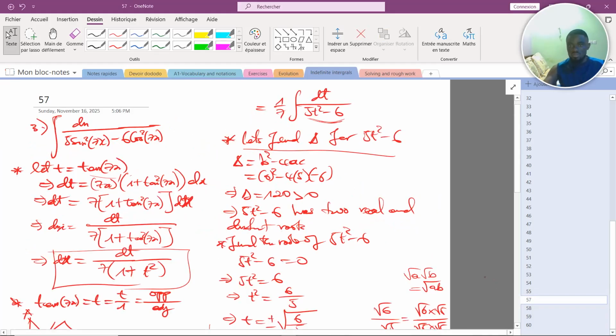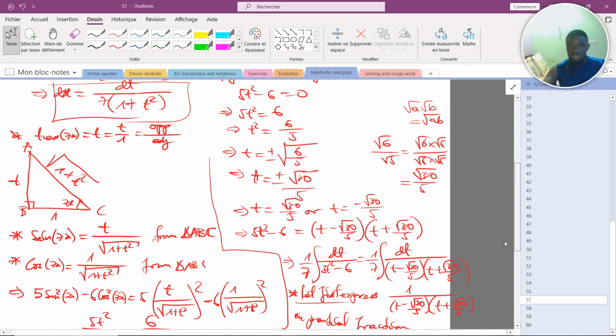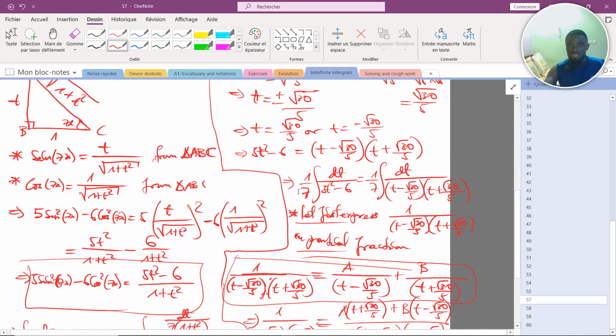Let me go to the previous page. We were at this point. We saw that the integral of this was equal to 1 on 7 integral of this. So we have to continue at this stage.